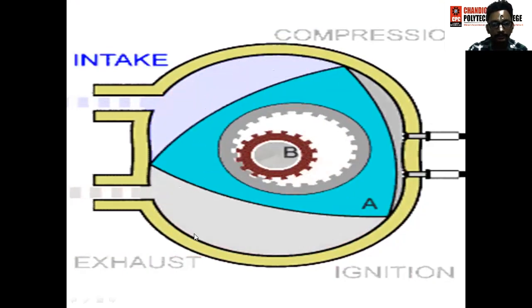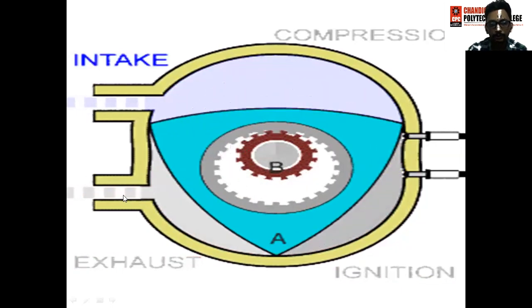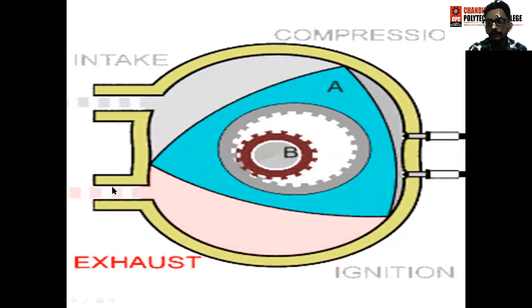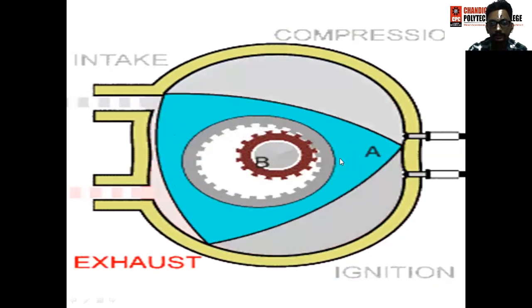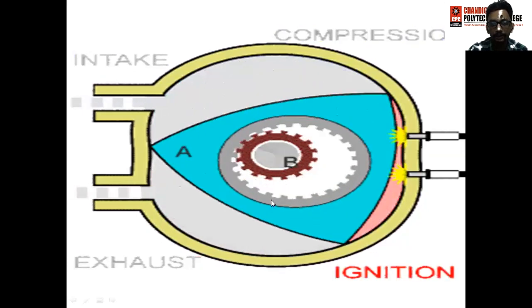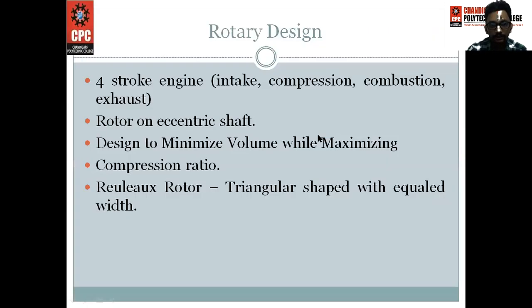The last stage is the exhaust port, where the spent gases are expelled. So this is the process of a Wankel engine, and this is the shape of a three-rotor type of Wankel engine, right? In the next slide, we discuss the rotary design.